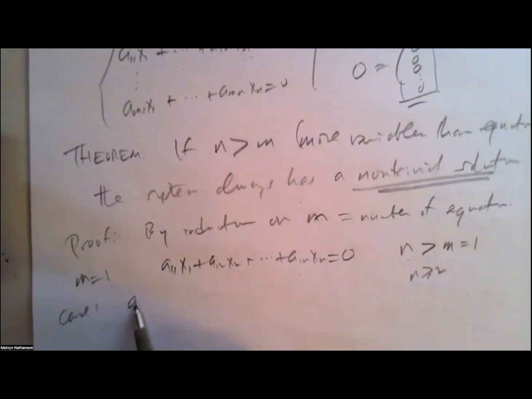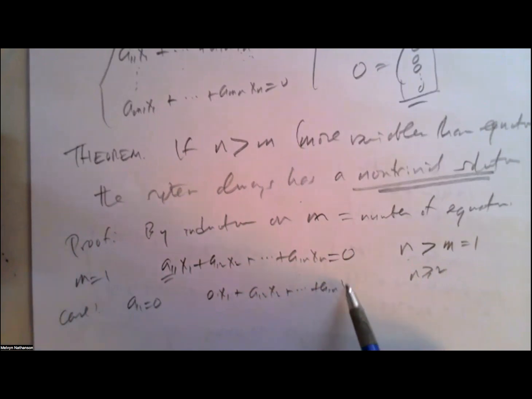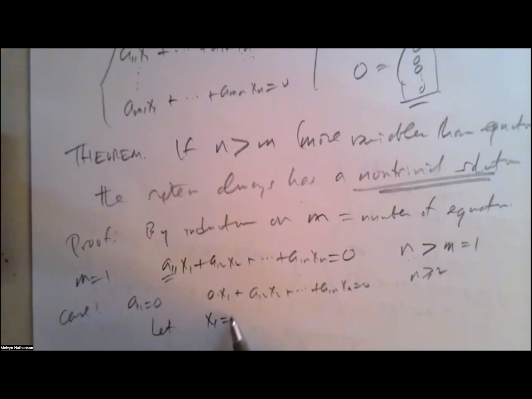Case 1, A11, this coefficient, could be 0. That is, our equation could be 0 times x1 plus A12 x2 plus up to A1n xn equals 0. Any of these coefficients could be 0. And in this case, if I let x1 equal 1 and all the other x's be equal to 0, we have a solution, because we have 0 times 1, which is 0, plus 0 plus 0 plus 0 is 0.